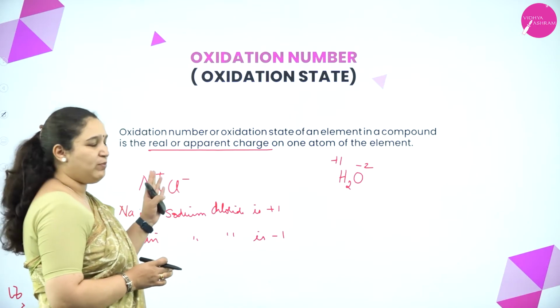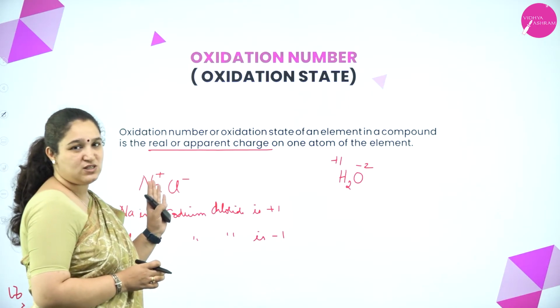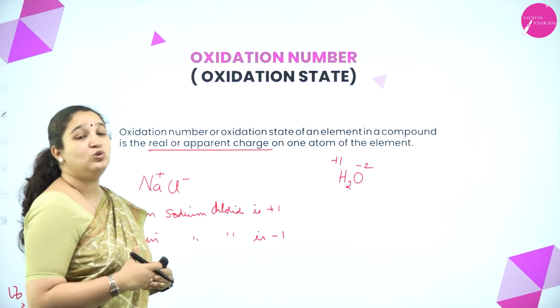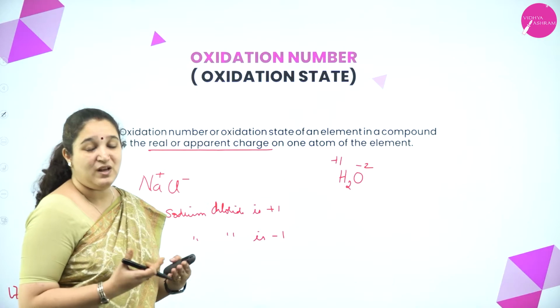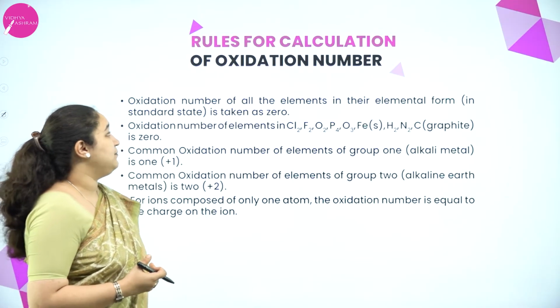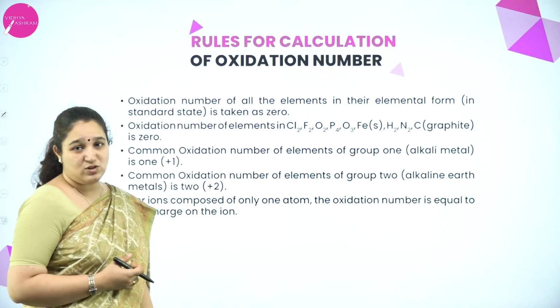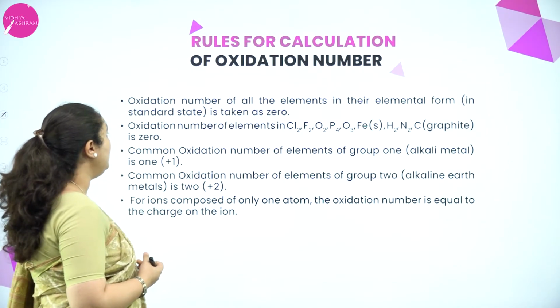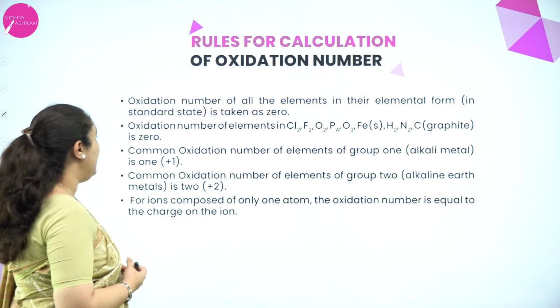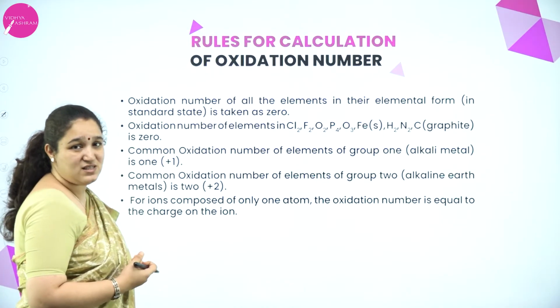So, more about oxidation number or oxidation state: how to calculate. There are a set of rules to understand how to calculate the oxidation number. We'll understand one by one. First, rules for calculation of oxidation number. First one: the oxidation number of all the elements in their elemental form in standard state is taken as 0.